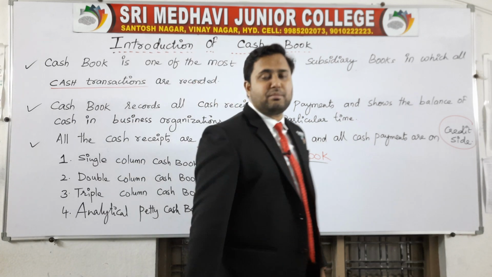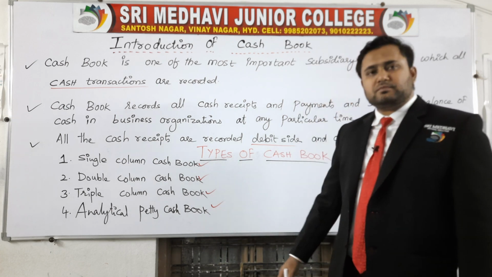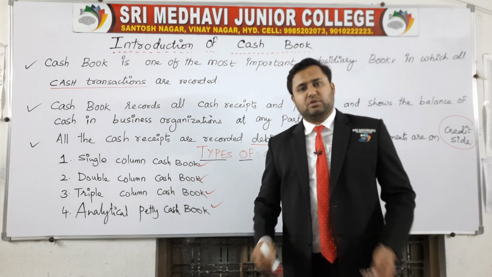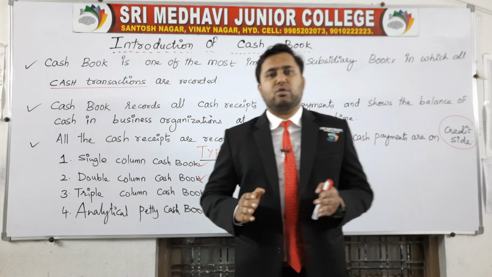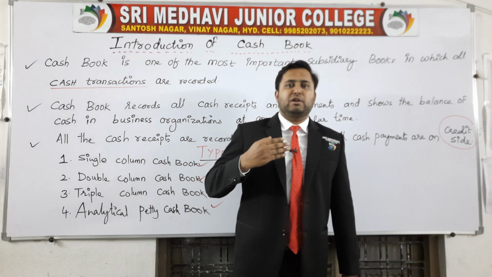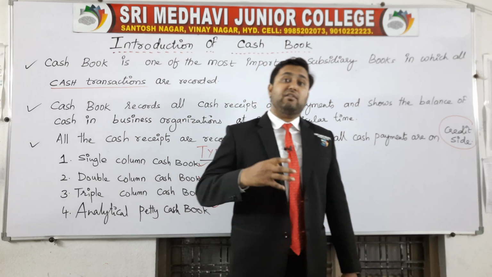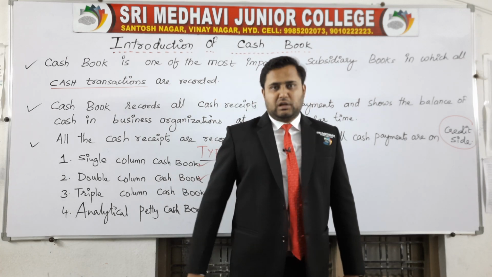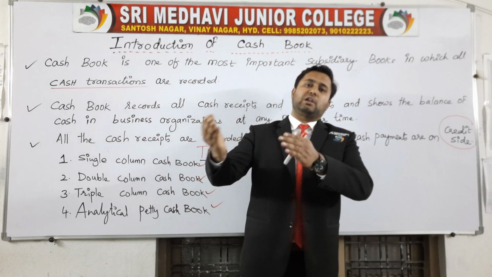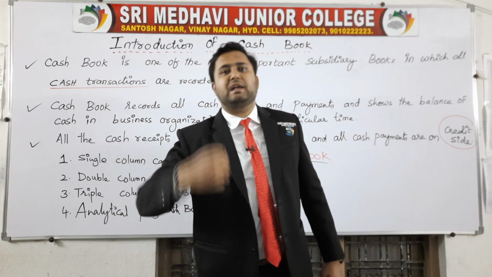So, single column cash book consists of only one amount column, whereas in double column cash book you have to prepare one more column for the purpose of discount. Sometimes, to maintain a long term relationship with the customer, we have to allow some discount, and some other parties also allow the discount to us while buying the goods and services.